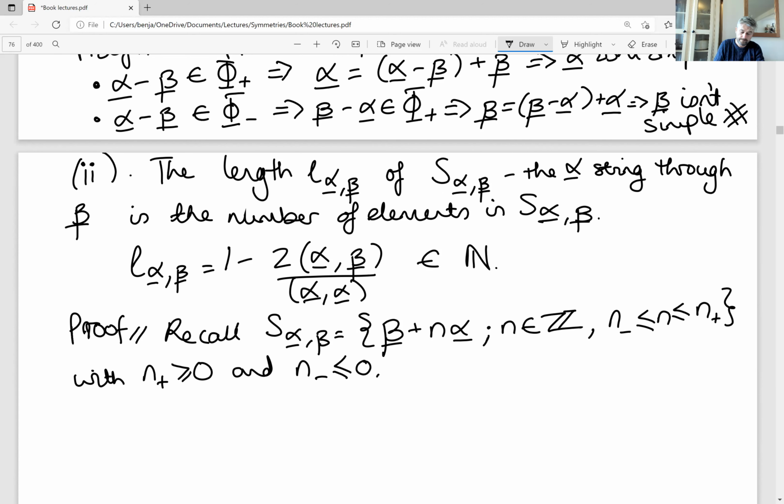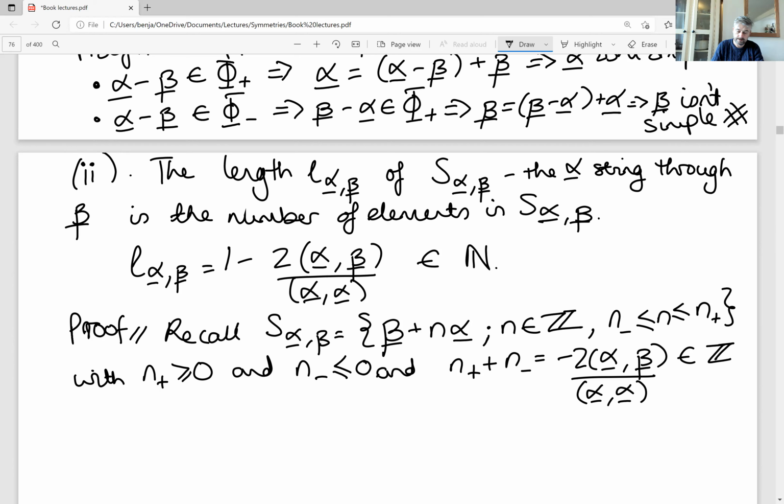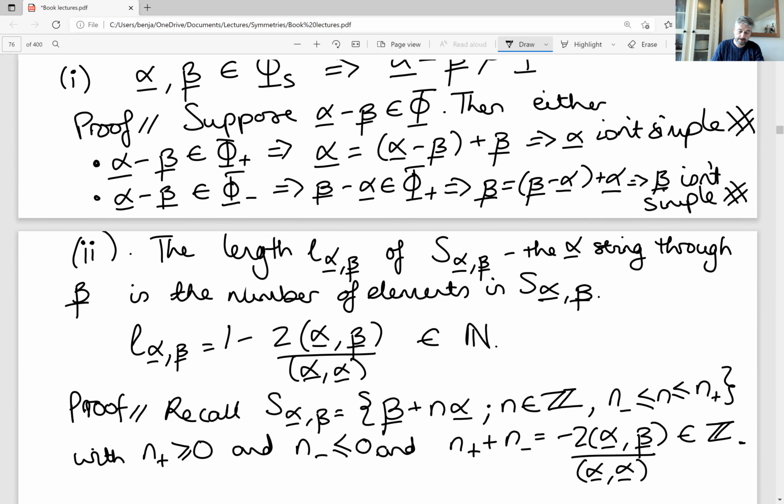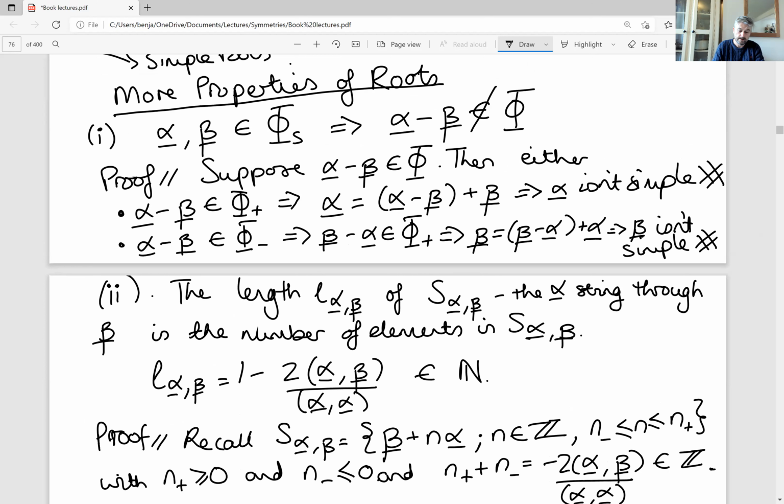Last time we derived that the sum of them, n plus plus n minus, is equal to minus 2 alpha inner product with beta over the inner product of alpha with itself. And this is, of course, an integer. So if you think about it, property 1 says that we're not allowed to subtract any of the positive roots off each other, and still end up with a root in the root set.